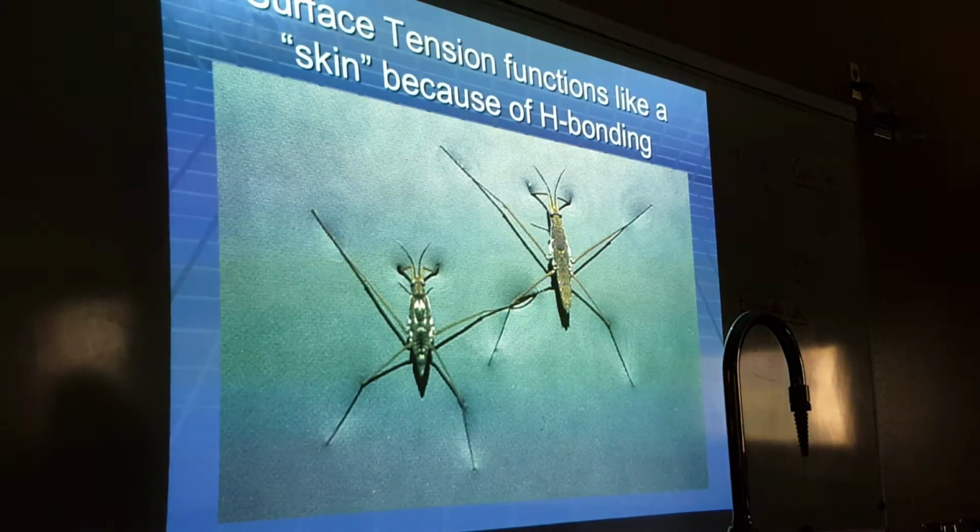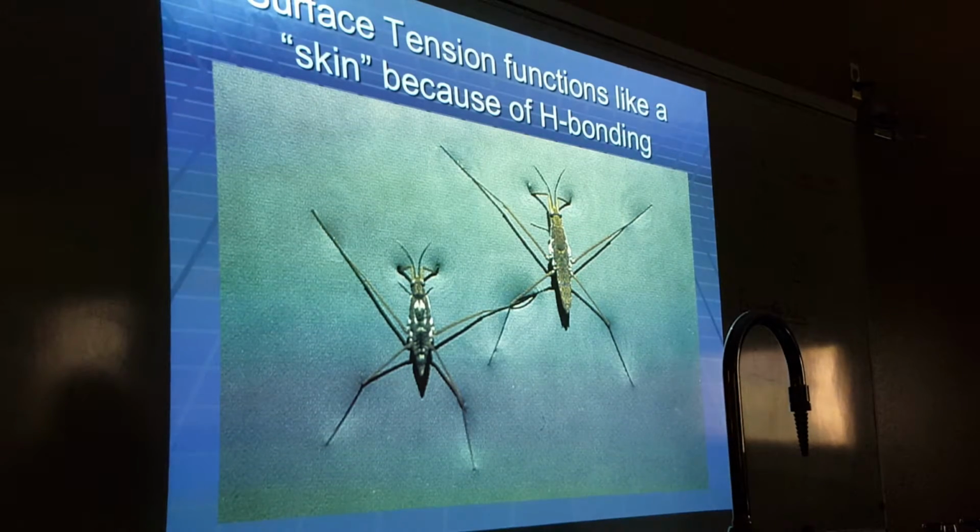Next slide, please. Water molecules have such a high degree of attraction that the surface of water acts like a skin, so that light insects can float on it. We talk about the so-called surface tension.